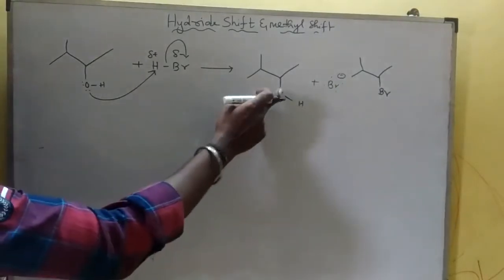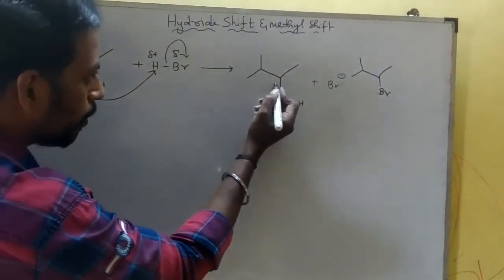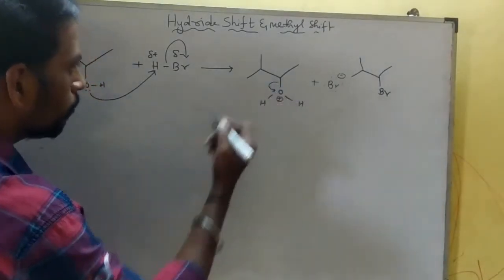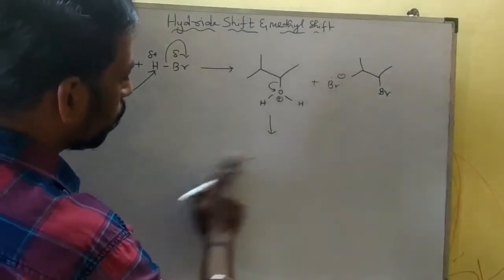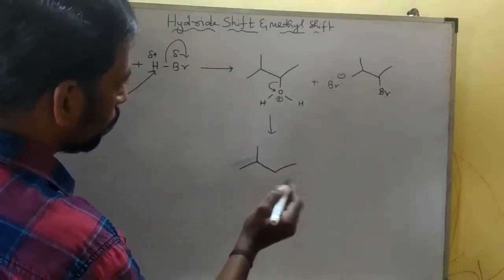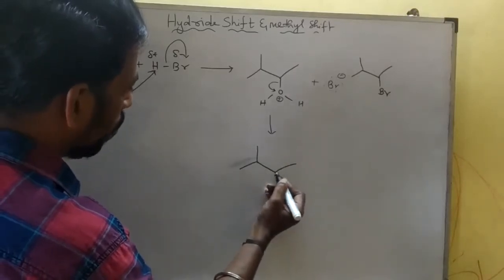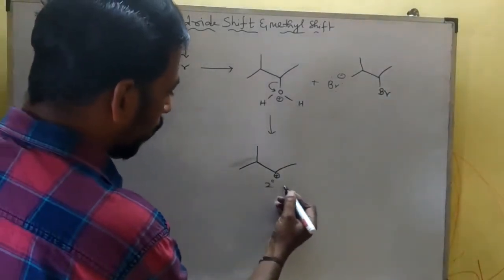Now this oxygen has a positive charge and needs electrons, and takes this electron pair towards itself. So it will give a carbocation. Now this carbocation is a secondary carbocation.